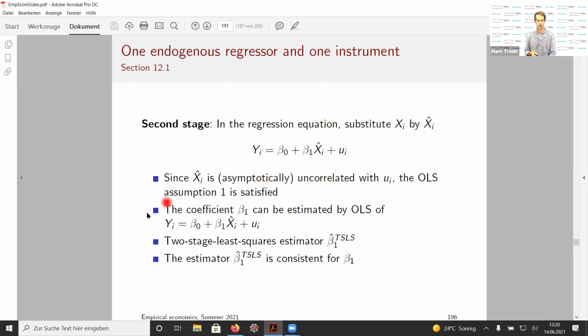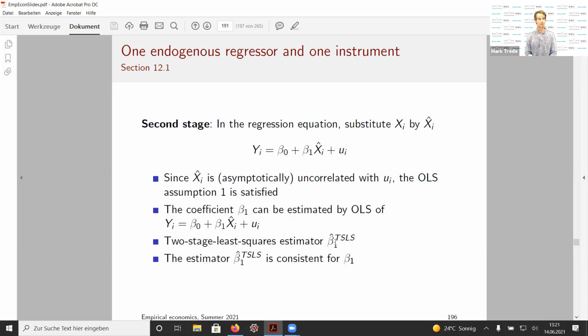Okay, so this is what we do here. Then we get an estimator for the slope coefficient, which we call beta 1 hat 2-stage least squares. So that's the slope coefficient that takes into account the problem of correlation between the error term and the regressor.